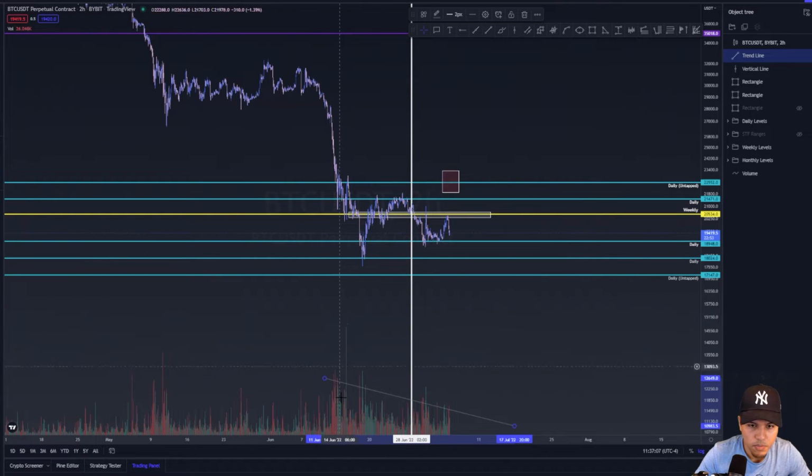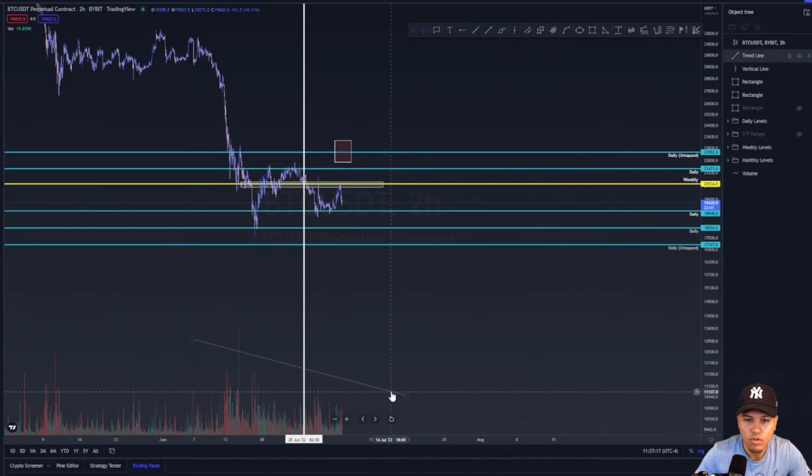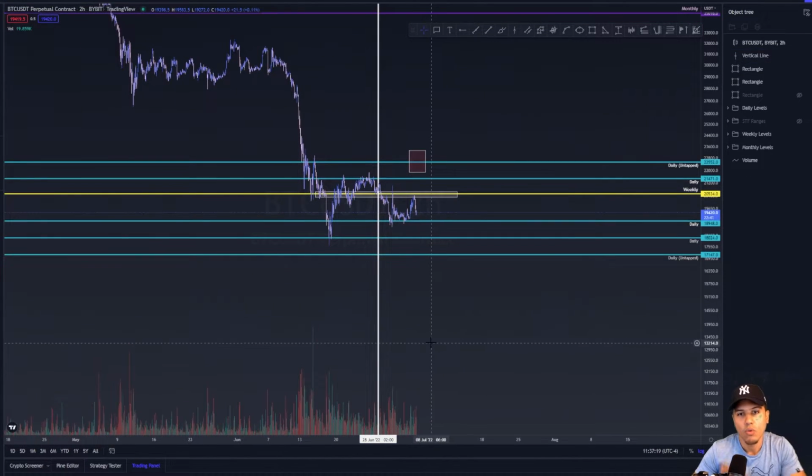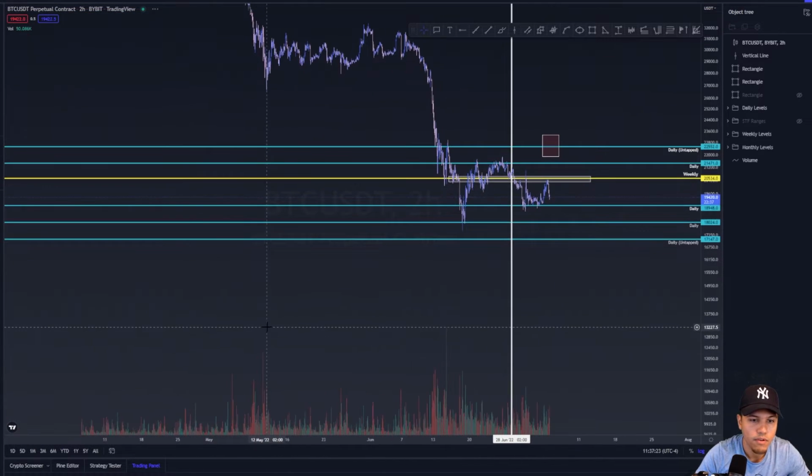And although there are spikes, generally the average volume for this price range currently is starting to dwindle down. And when we see volume decrease, we expect a move to come for Bitcoin.